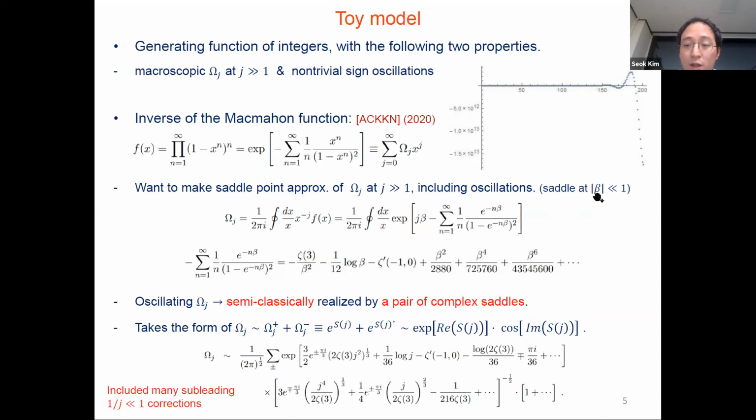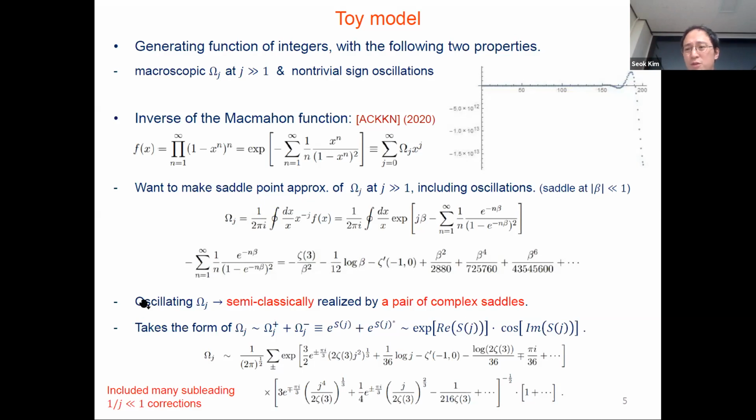Okay? So at small beta, this can be approximated near the saddle point value by using this kind of series expansion, which you can easily get by using Euler-Maclaurin formulas and so on. Anyway, we got it. So you do the saddle point calculation with large J. Okay? And how can you realize these oscillating sign behaviors with macroscopic number?